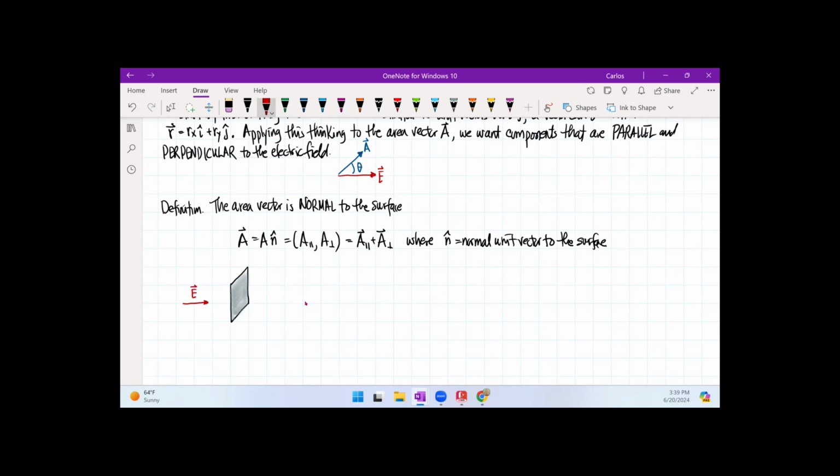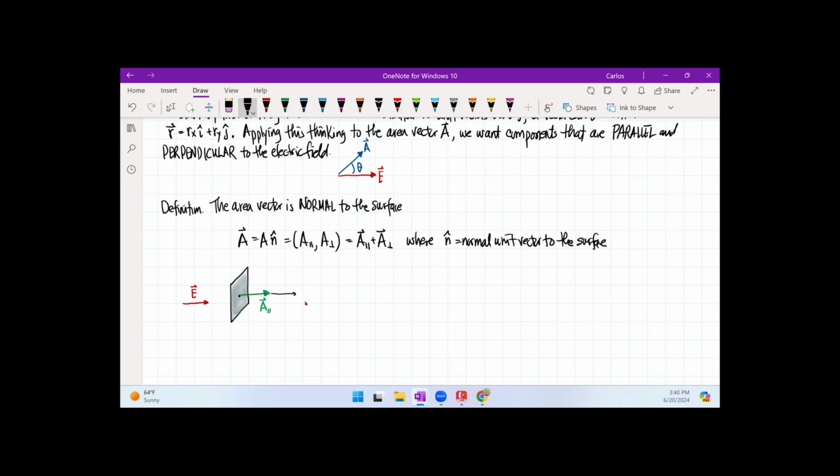If I'm going to look at the dot product between E and A, I need to know that direction of the electric field. So then here we go. Let's say that this is the center of the surface, I'm going to have a component of the vector that I call A parallel to the electric field.